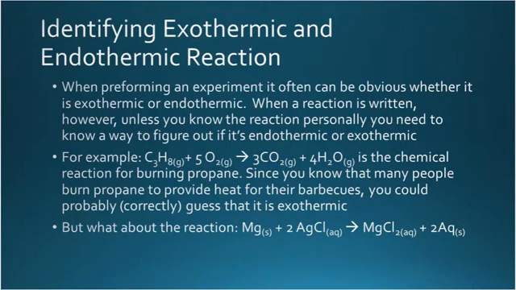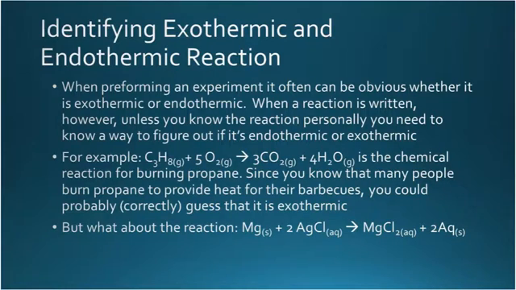Identifying exothermic and endothermic reactions. When performing an experiment, it can often be obvious whether it's exothermic or endothermic. When a reaction is written, however, unless you know the reaction personally, you'll need to know a way to figure out if it's endothermic or exothermic. For example, C3H8 plus O2 gives us CO2 plus H2O is the chemical reaction for burning propane.